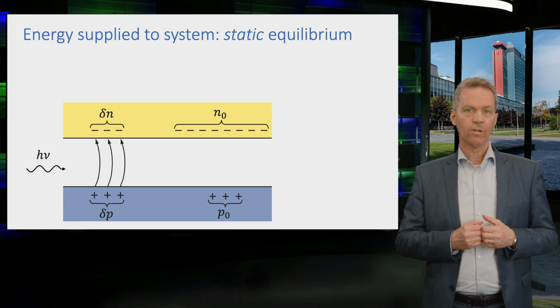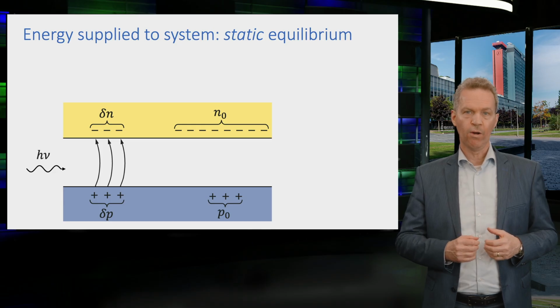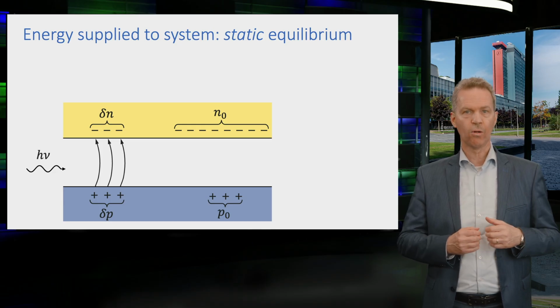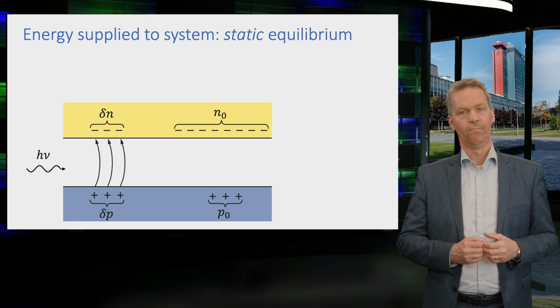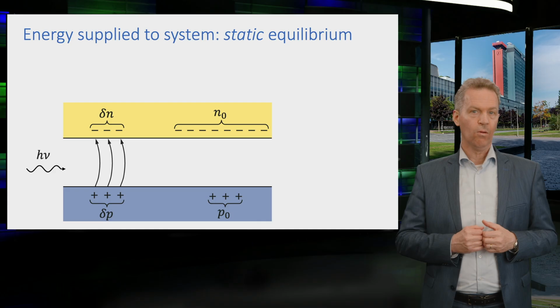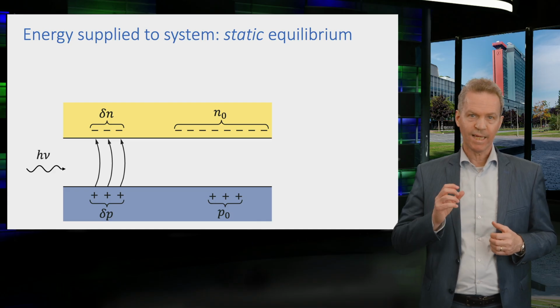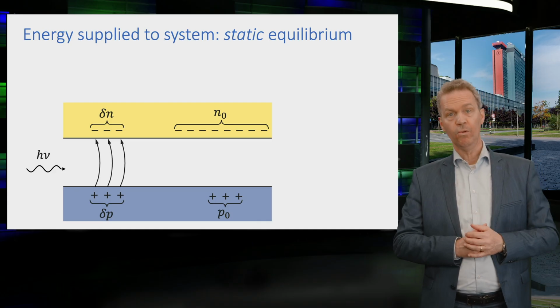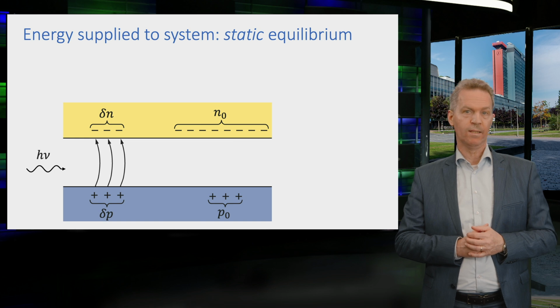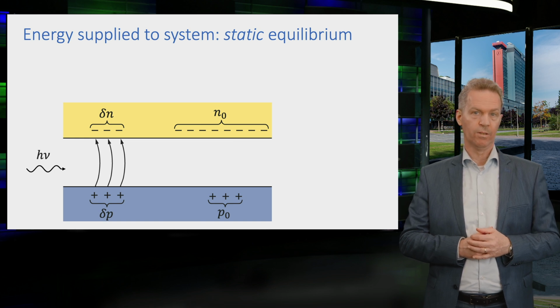These extra carrier concentrations are usually referred to as excess carrier concentration and denoted by the prefix delta. Now notice that although I show the two parts separately, in reality we cannot distinguish between generated and thermal equilibrium charge carriers.